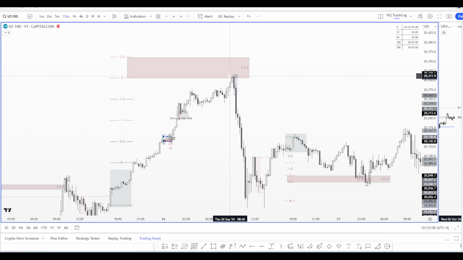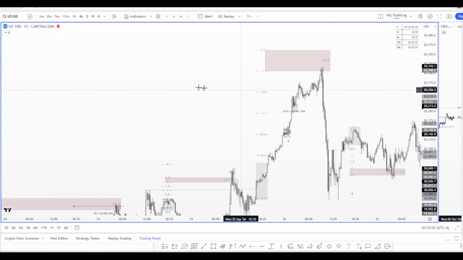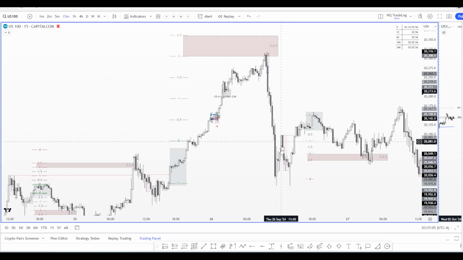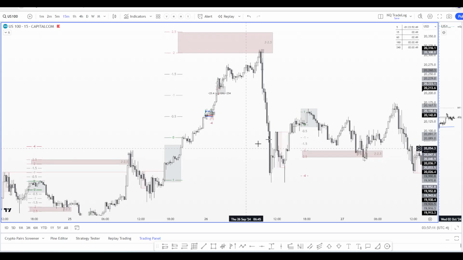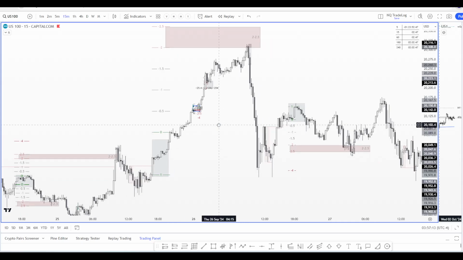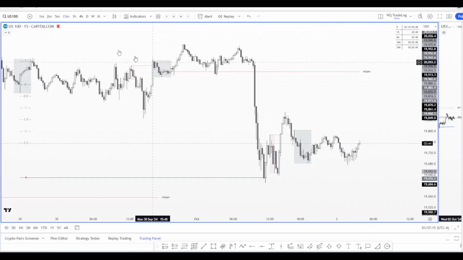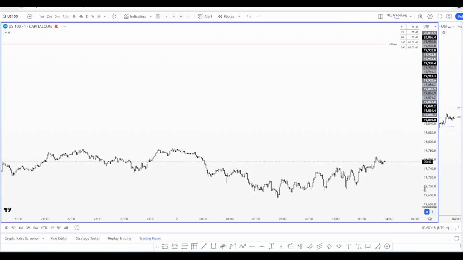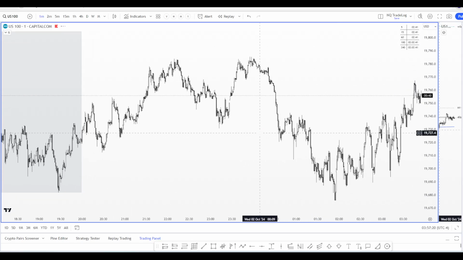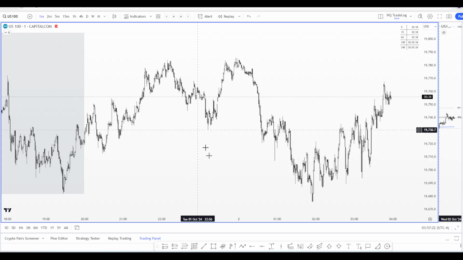See? So get that with overlapping support or resistance or a fair value gap or swing high, swing low, whatever you like to trade. You'll be really set. If we dive into the lower time frame here, this is the day, this is today.